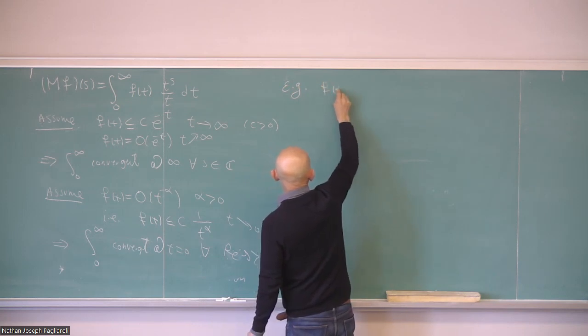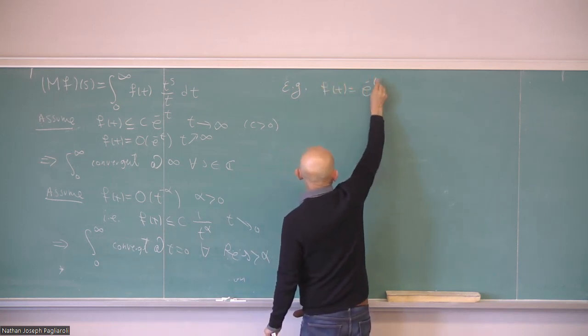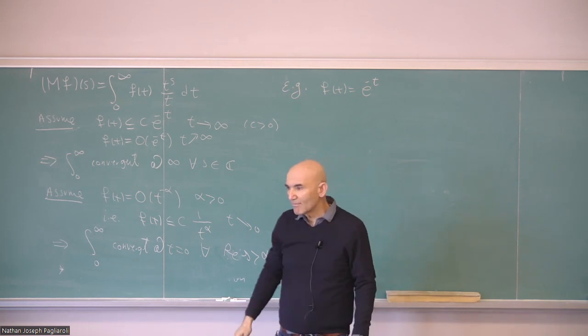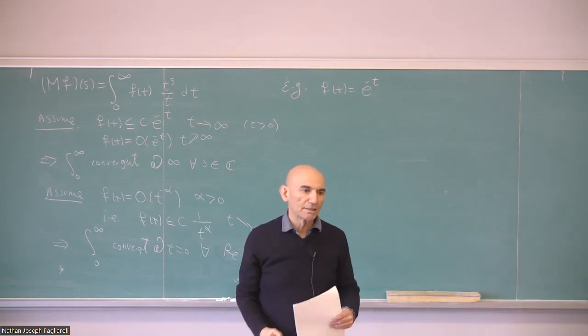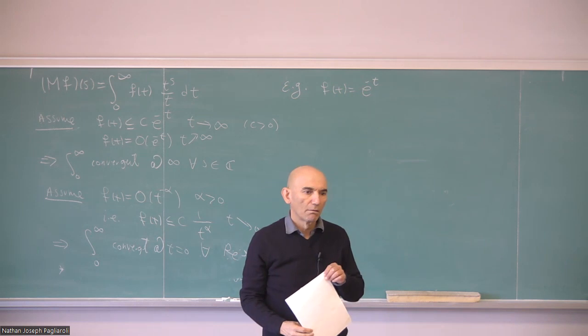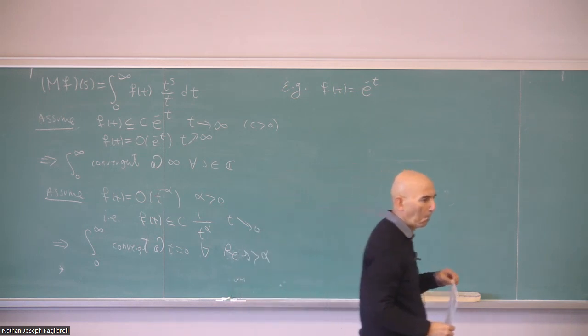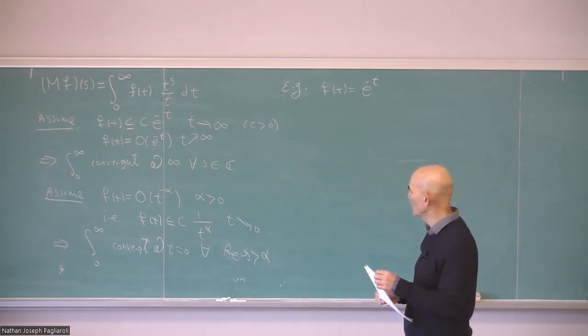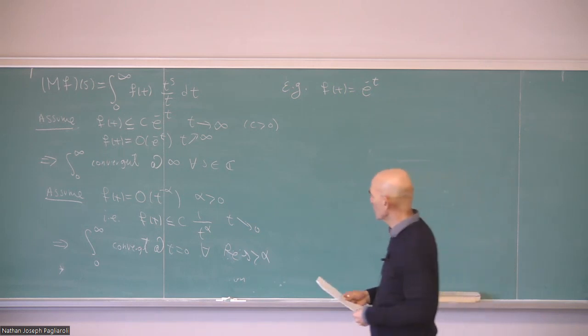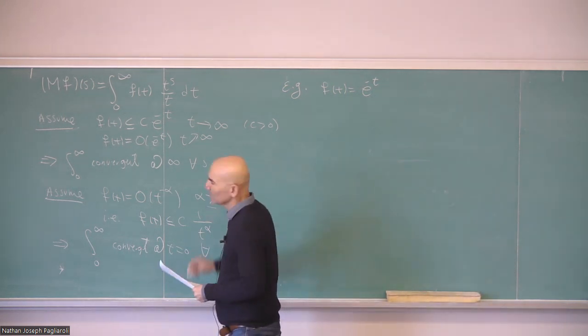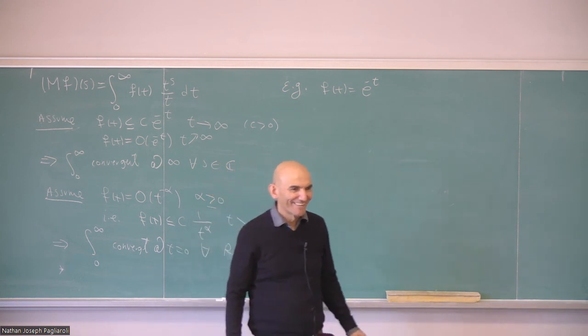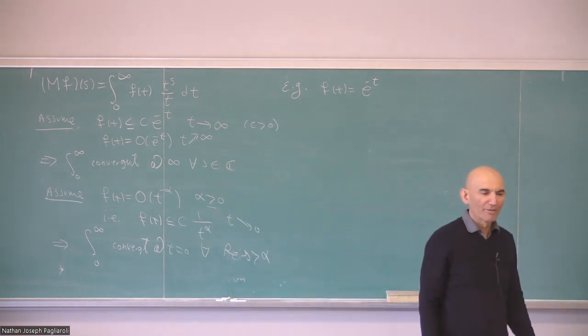We just took f of t equal to e to the minus t. What is the value of alpha in this case?